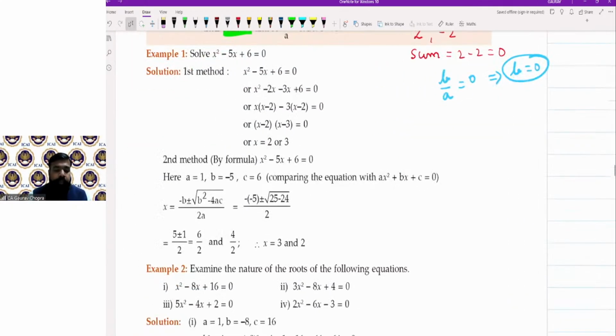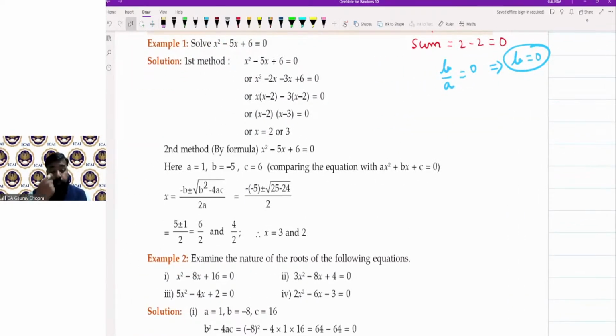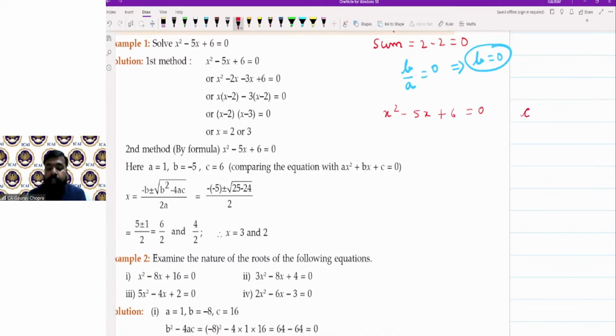Now there is example number 1. X square minus 5x plus 6 is equal to 0. Now you can solve this with any of the methods. So for applying the splitting method, we have to find A times C. A is 1, C is 6.